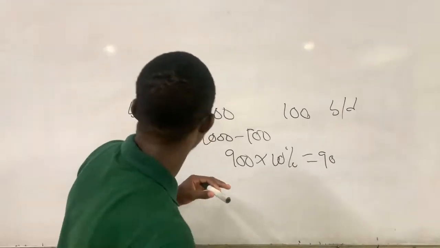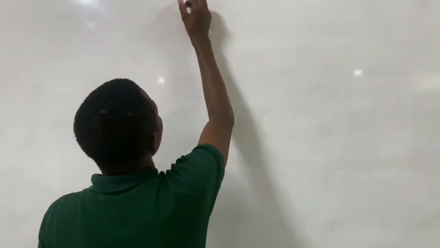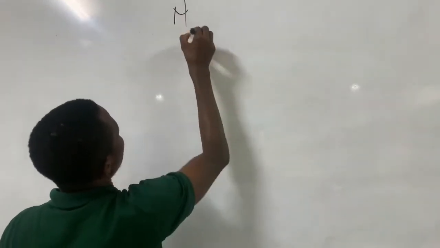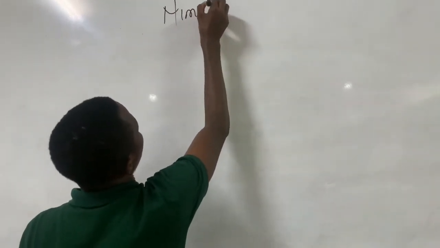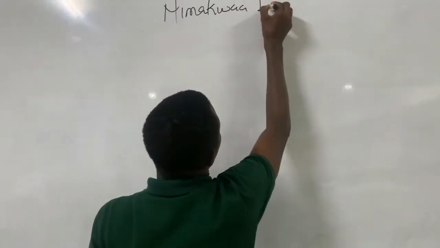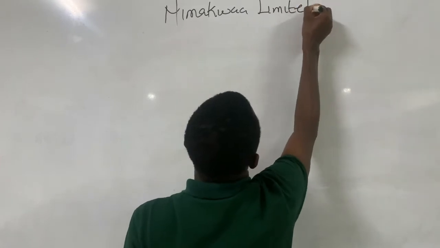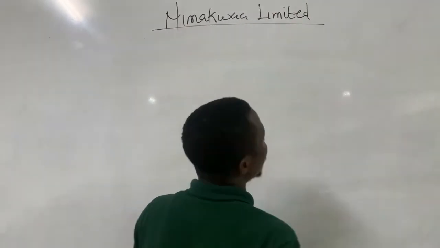So let's try to solve this question and see how the accounts will look. The name of the business is Nimakwa Limited.